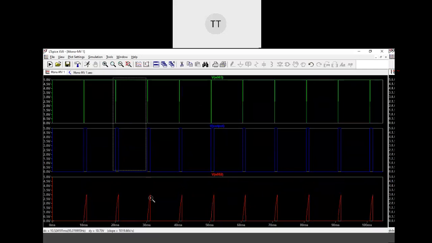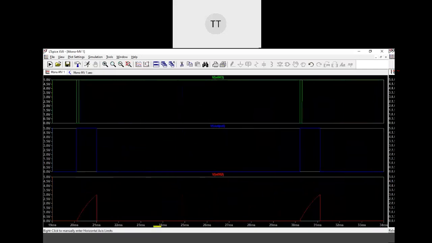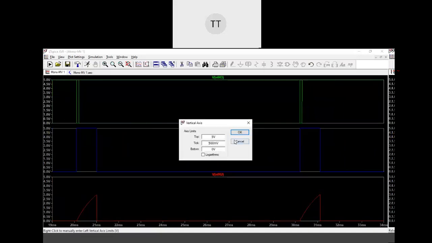Let me just concentrate on this. Okay, let me just change the scale here.